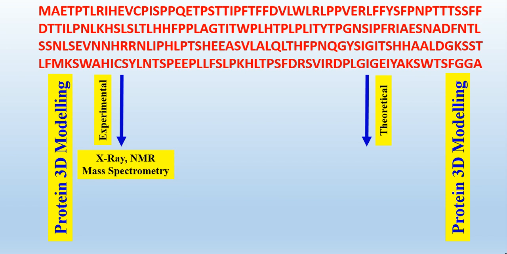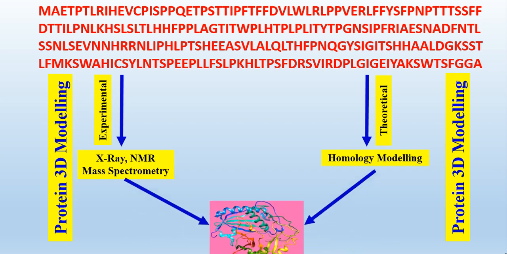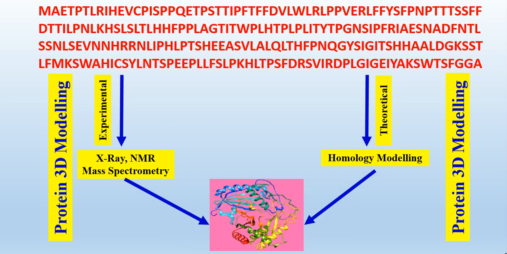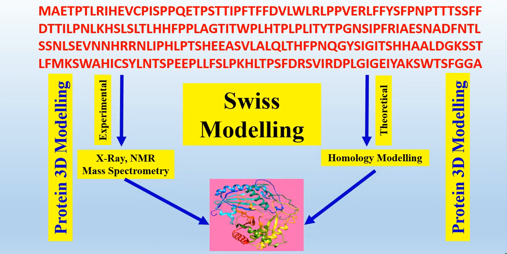Through experimental methods we use different techniques like X-ray, NMR, and mass spectrometry, while through theoretical methods we use homology modeling, and then we will predict the 3D structure of our protein. And how to do this? We use Swiss-Model for this homology modeling. How to use Swiss-Model?